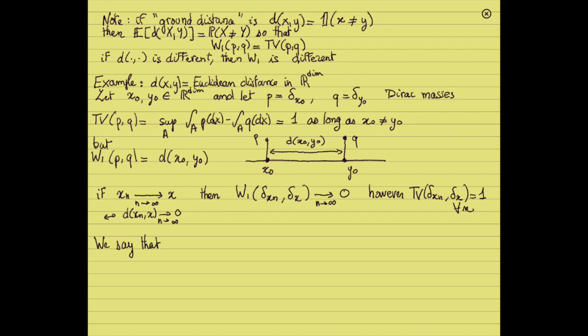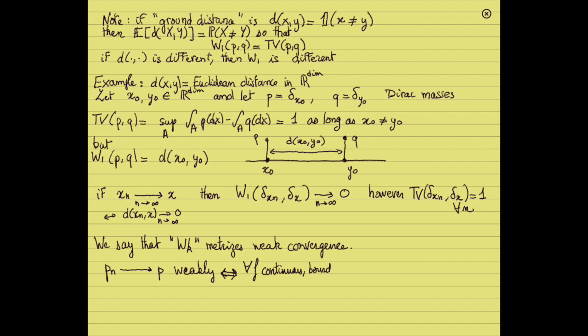And we say that W_k, the Wasserstein distance, metrizes weak convergence. So that means that if a sequence of distributions converges weakly, then it converges in Wasserstein, which is not the case for TV. So P_n in general converges weakly to P. So by definition, this means that for all continuous bounded functions f, the integral of f with respect to P_n goes to the integral of f with respect to P. That's weak convergence.